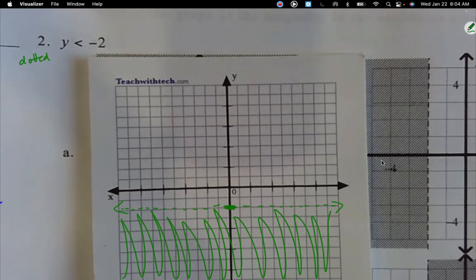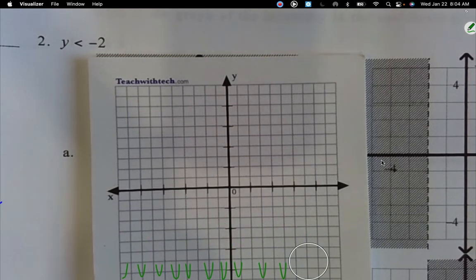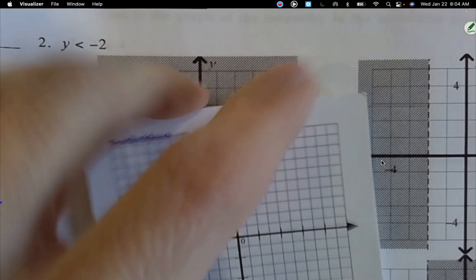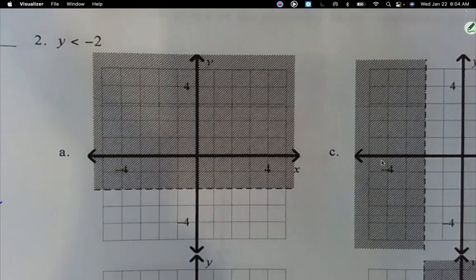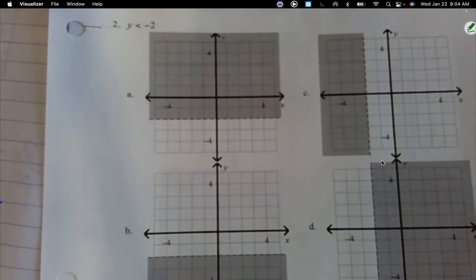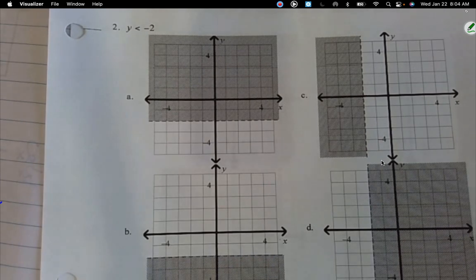Dotted line. Okay, let's do another one. You're not going to have multiple choice on your sheet today, but if you were looking to see which one that would be, it would be B.